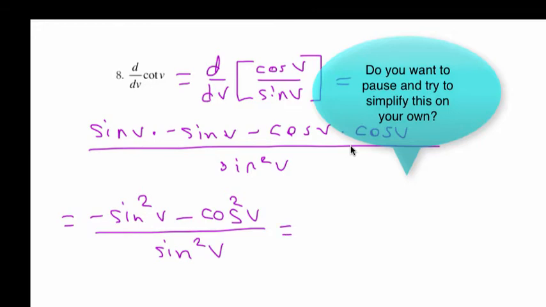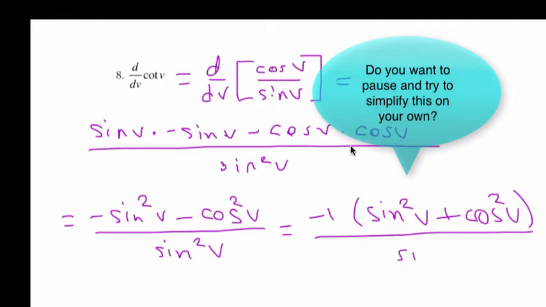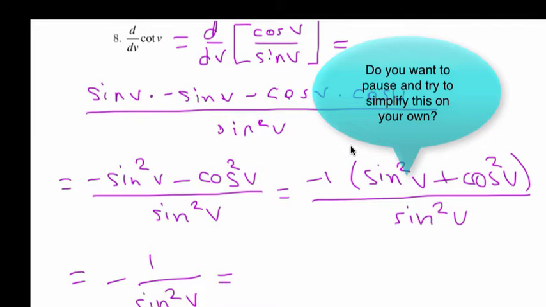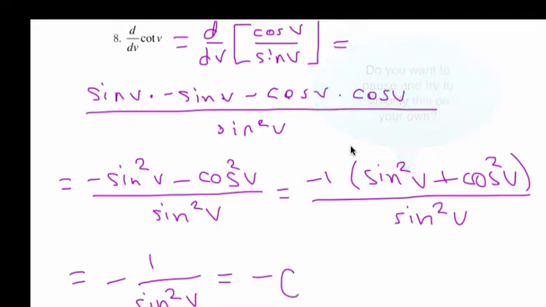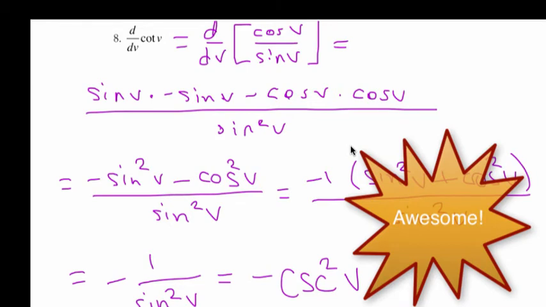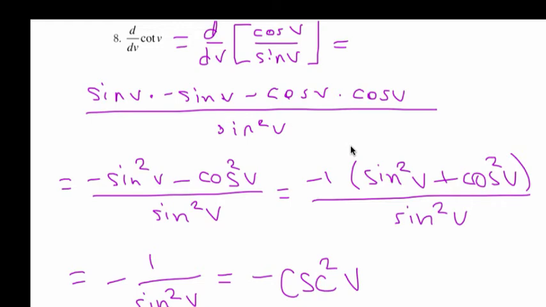We'll just factor out the -1, and this is sine squared plus cosine squared, which of course is 1. So we've got negative 1 over sine squared, which is negative cosecant squared. Those are the 4 trig derivatives you'll need to add to your list of things to memorize.